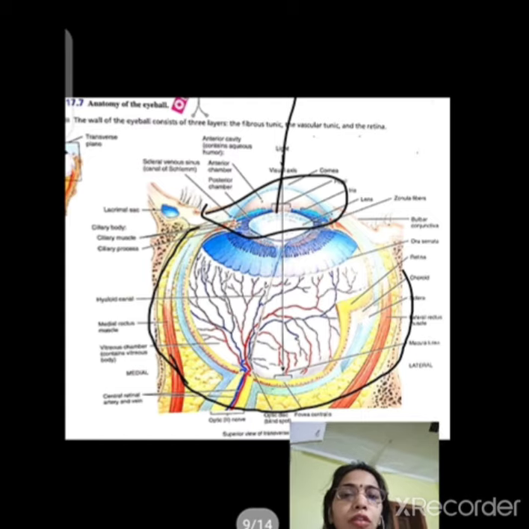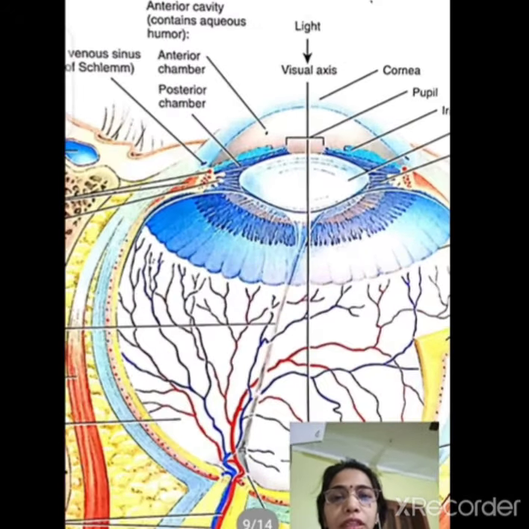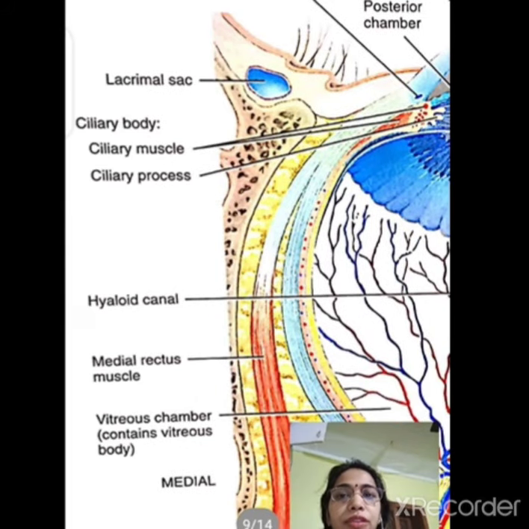Now the anterior 1/3 is exposed. Anatomically, the wall of the eye consists of 3 layers: the fibrous tunic, the vascular tunic and the retina. So there are 3 layers of the eyeball, beginning with the outer fibrous tunic.